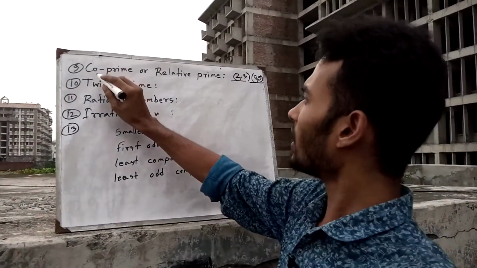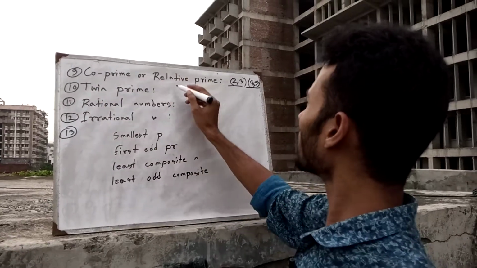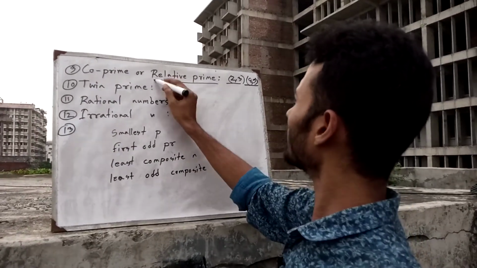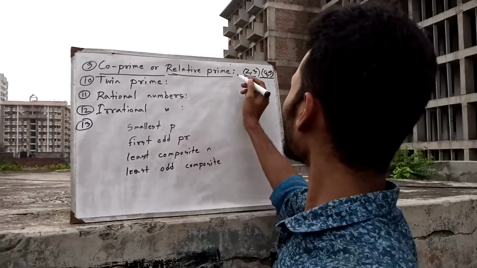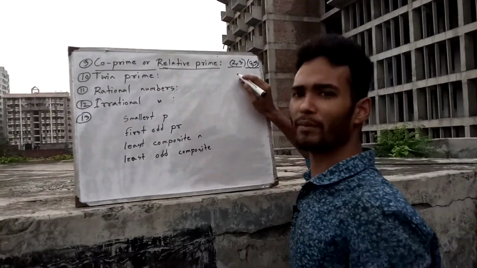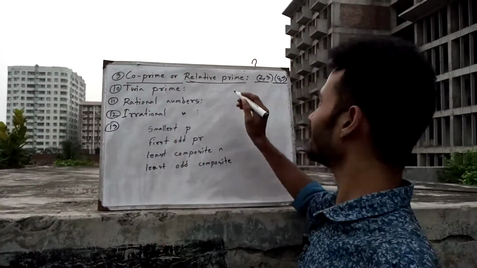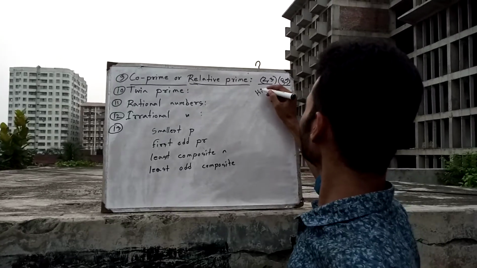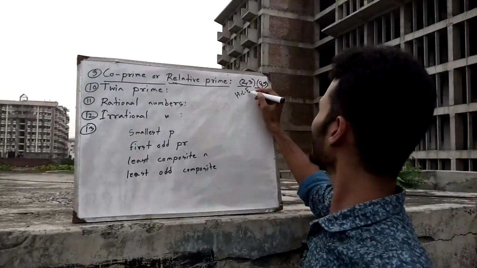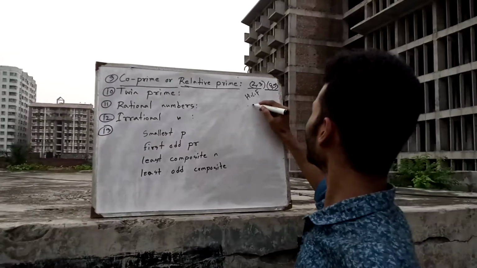Now I am going to discuss co-prime or relative prime numbers. Numbers are counted as relative or co-prime whose HCF, highest common factor, is 1.